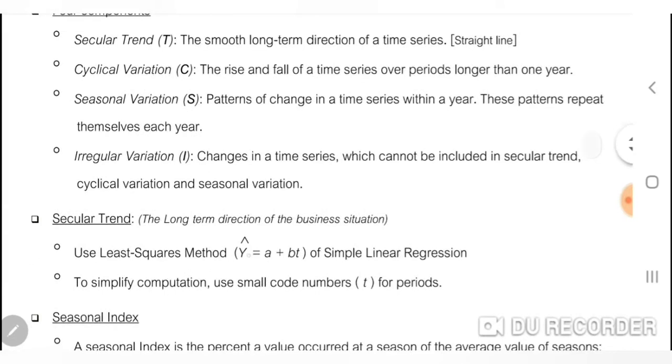Secular trend: to study the long-term direction of business, we will use the least squares method, simple linear regression, where the independent variable is time t. We write t for time. In computation, we measure time in a suitable unit.